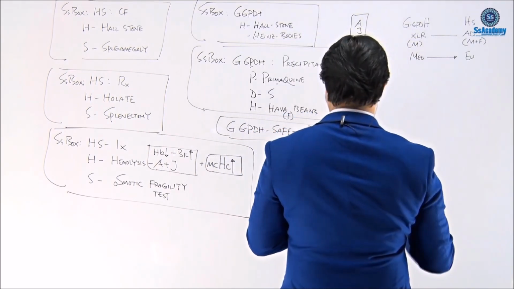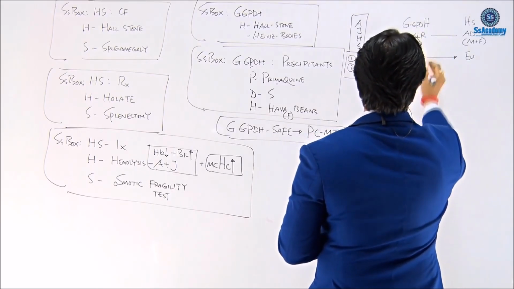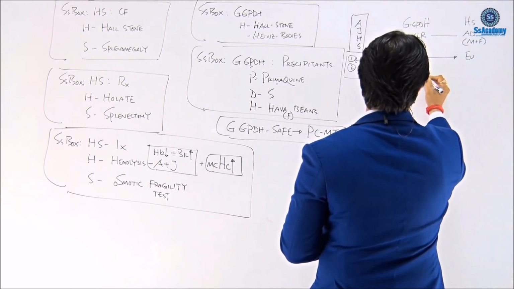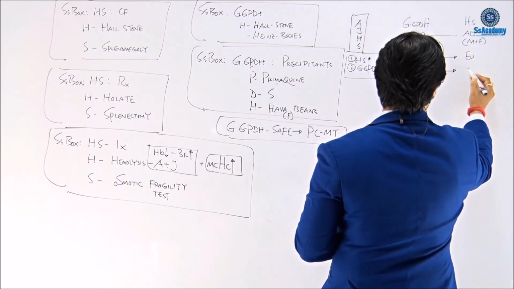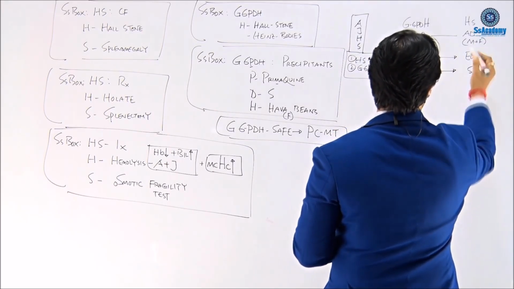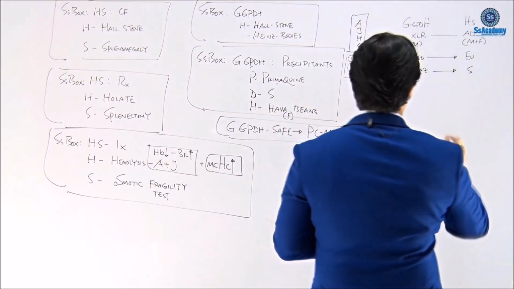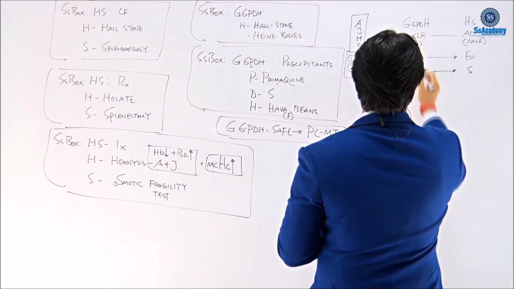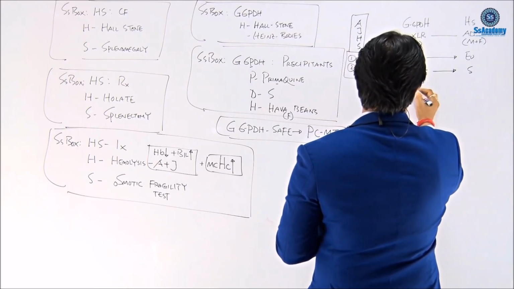Next is the peripheral blood film, right? That's really important. In PBF, G6PD, H for Heinz bodies, that we know about. In contrast, hereditary spherocytosis, the spherocytes will be found. And for diagnostic tests, G6PD enzyme activity itself is the diagnostic test.